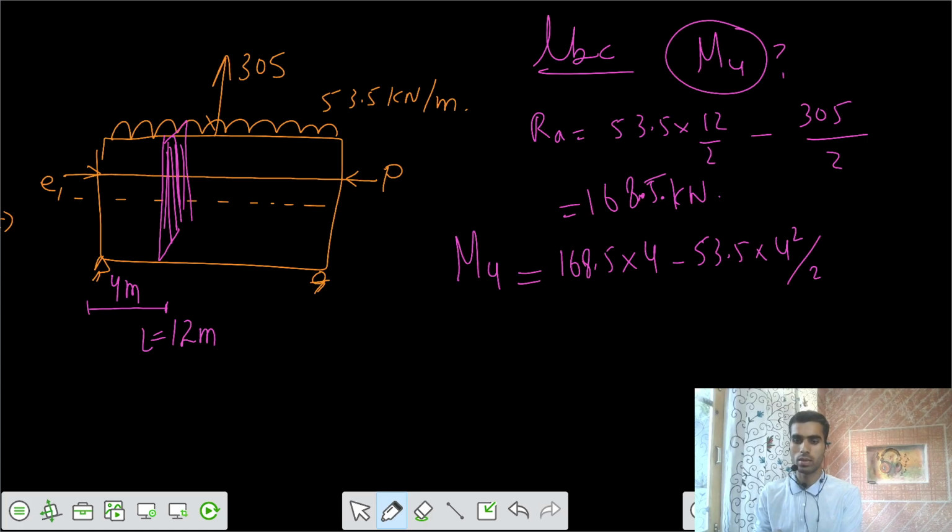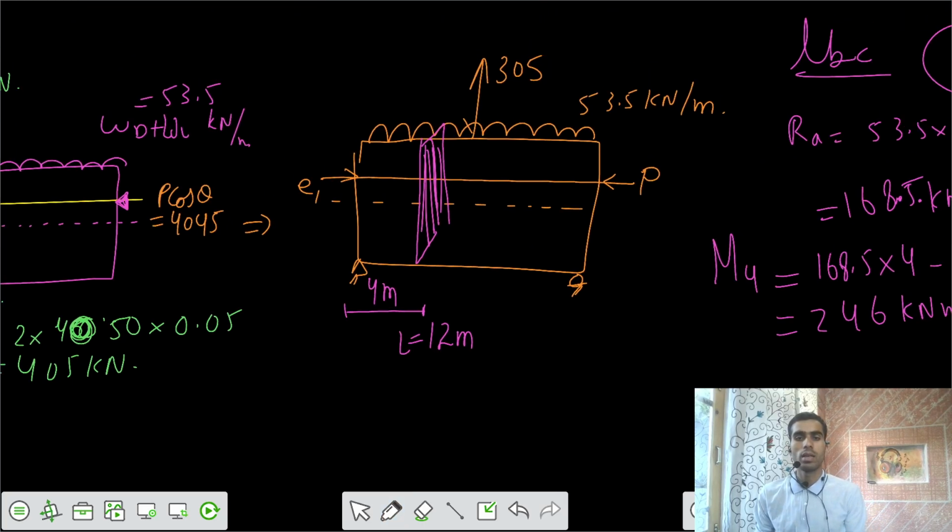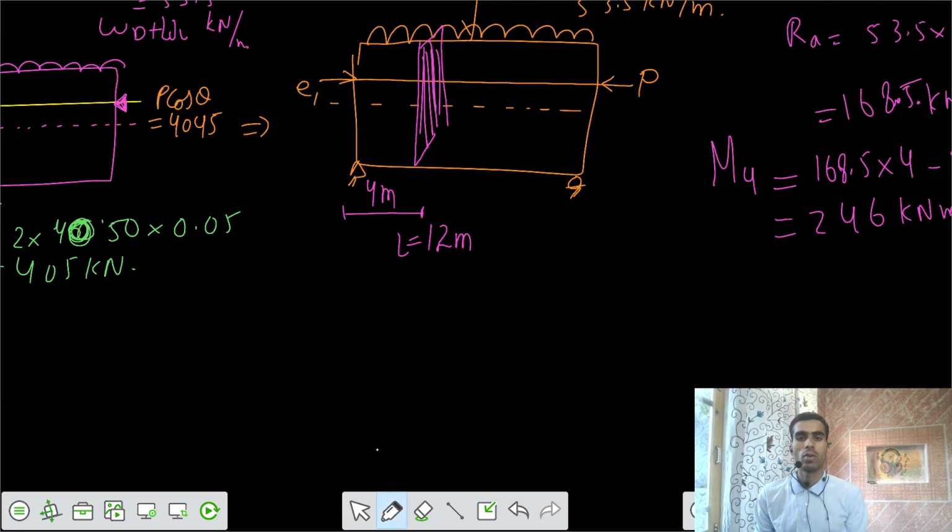That is 168.5 into 4 minus 53.5 into 16 by 2, which gives 246 kilonewton meter. So once I got the moment, now I can say the stresses can be solved as follows: you have this beam cross section, and there's some eccentricity of the load, that's the P load.